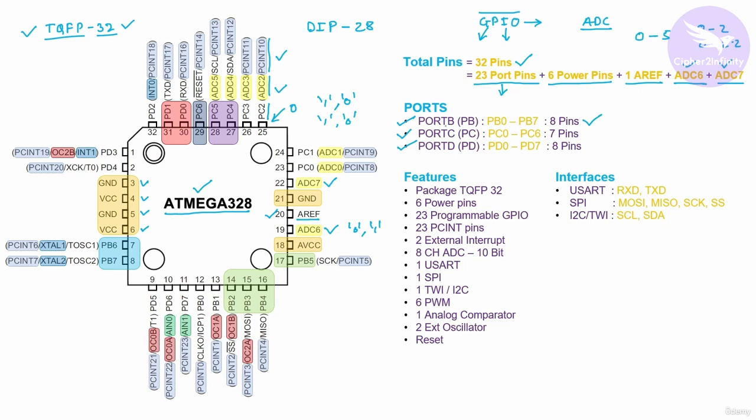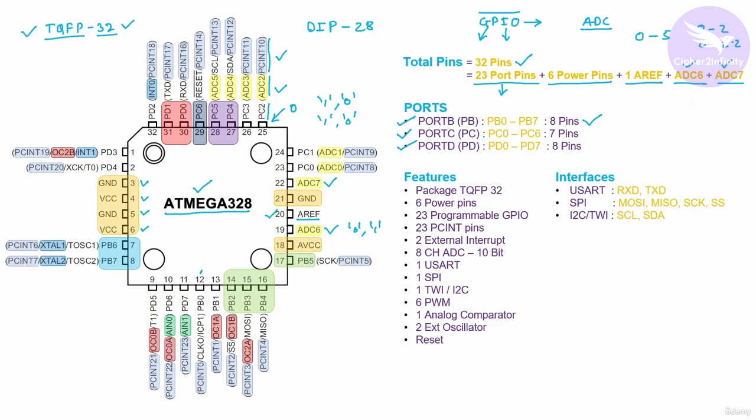So I will show you now port B's 0 to 7 pins. You can see this is the 0th pin, then 1st, 2nd, 3rd, 4th, 5th, then PB6 and PB7. So these are the total 8 pins of port B, and these are nothing but general purpose input output pins, and you can use these pins for special functions like ADCs also.